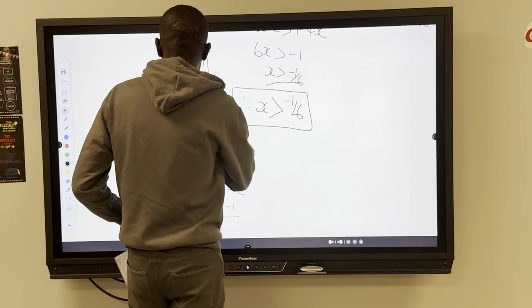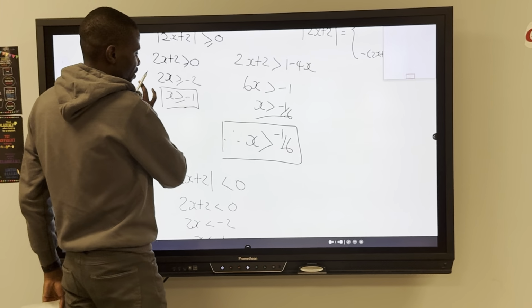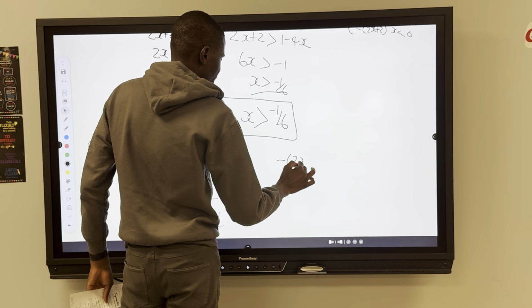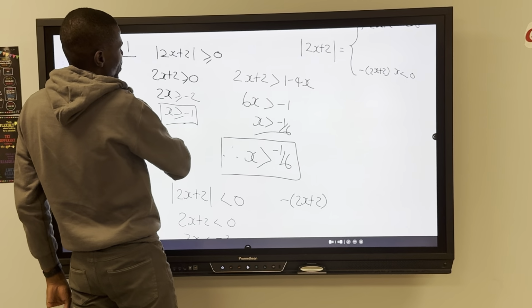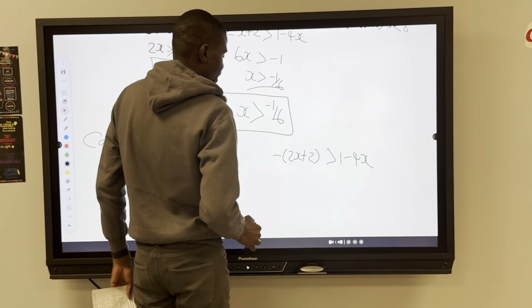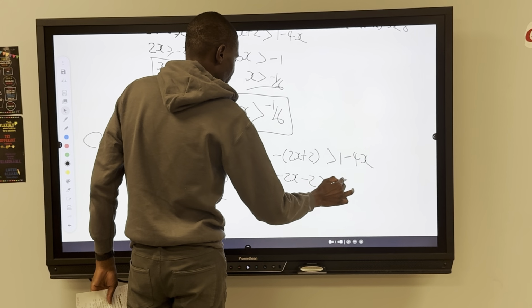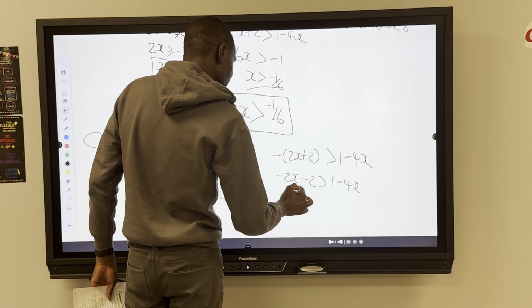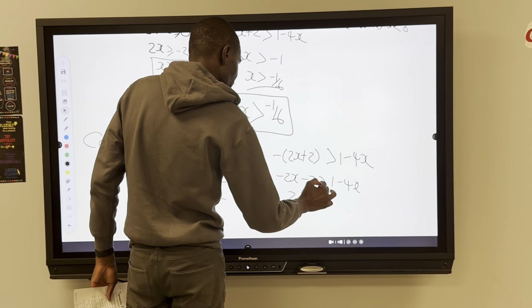So when we solve that inequality, it's now negative of 2x plus 2 greater than 1 minus 4x, right? So here, negative 2x minus 2 is greater than 1 minus 4x. So 2x here is greater than 1 plus 2, that's 3.